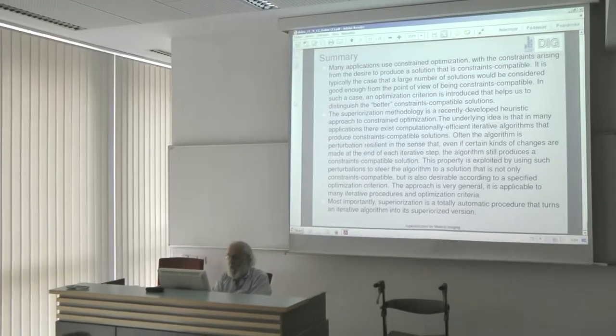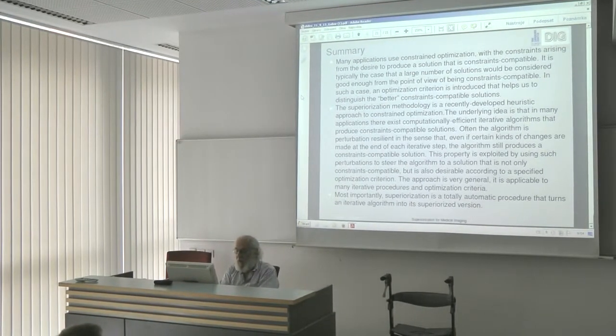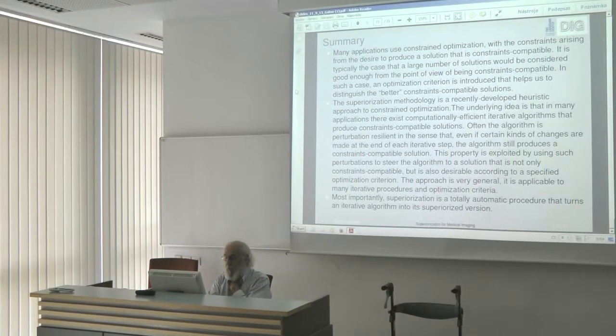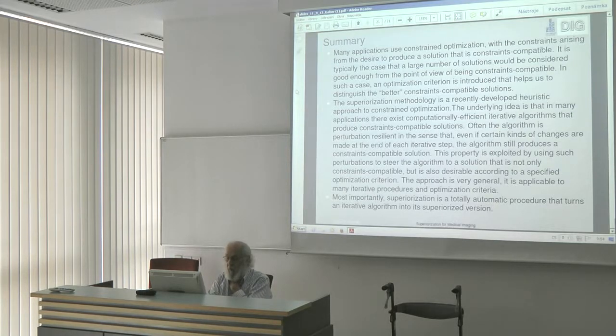The underlying idea is that in many applications there exist computationally efficient iterative algorithms that produce constraint compatible solutions. Often the algorithm is perturbation resilient in the sense that even if certain kinds of changes are made at the end of each iterative step, the algorithm still produces a constraint compatible solution. This property is exploited by using such perturbations to steer the algorithm to a solution that is not only constraint compatible, but is also desirable according to a specified optimization criterion.